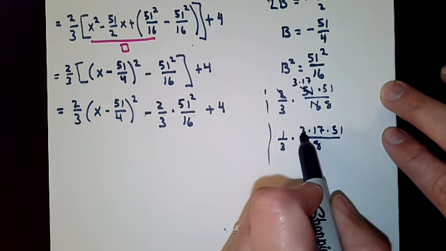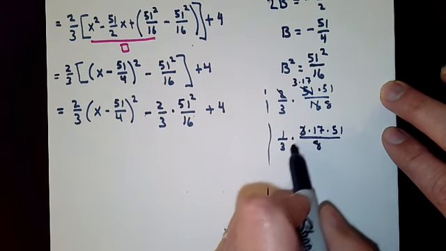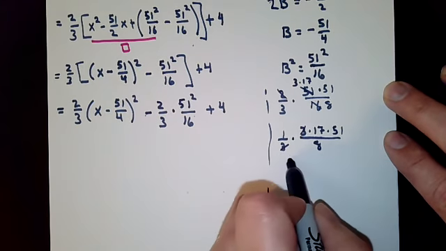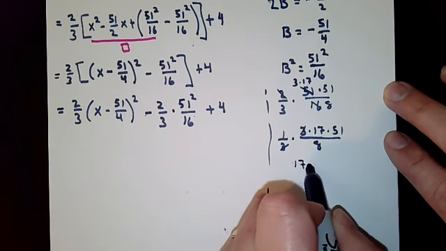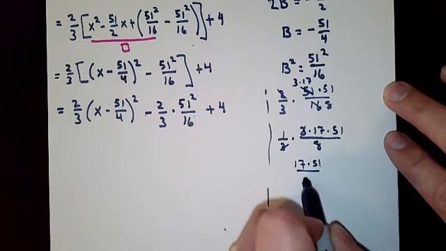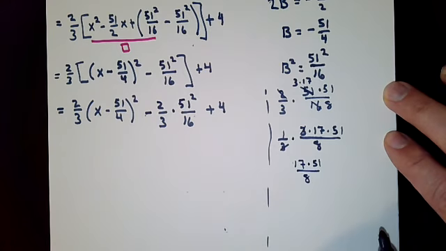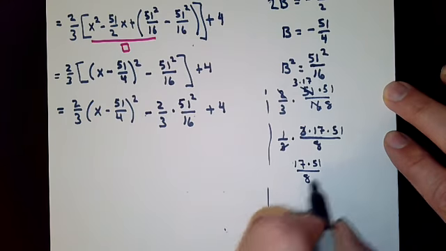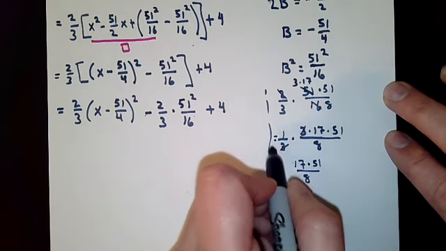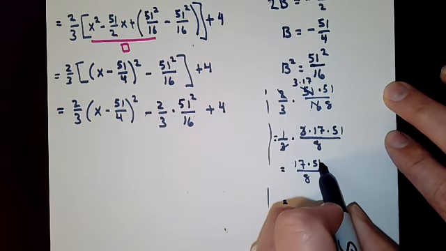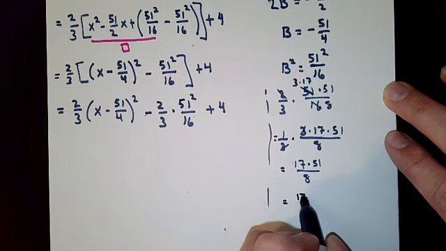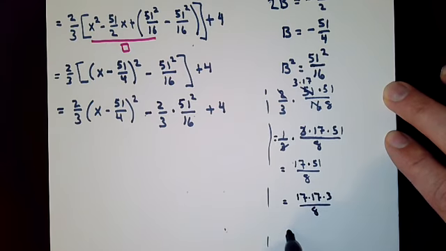If we multiply by 3 and divide by 3, that undoes it, and we're left with 17 times 51 over 8. But I should be putting some equal signs on there. We already said the 51 was 3 times 17, so this is really 17 times 17 times 3 over 8. That's 17 squared. Oh, that's not so bad.